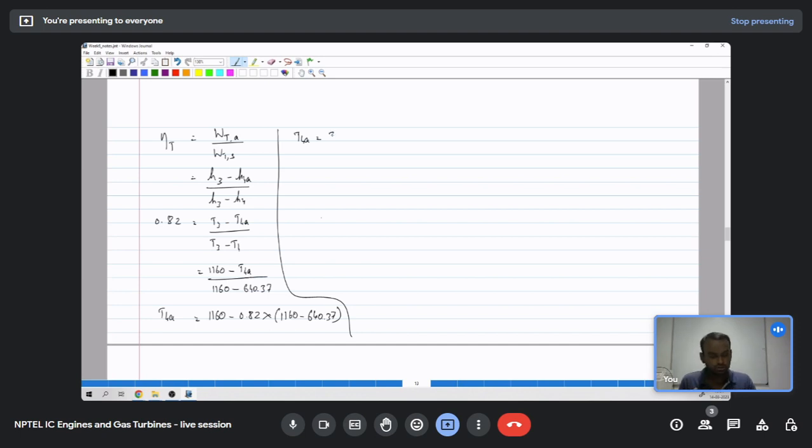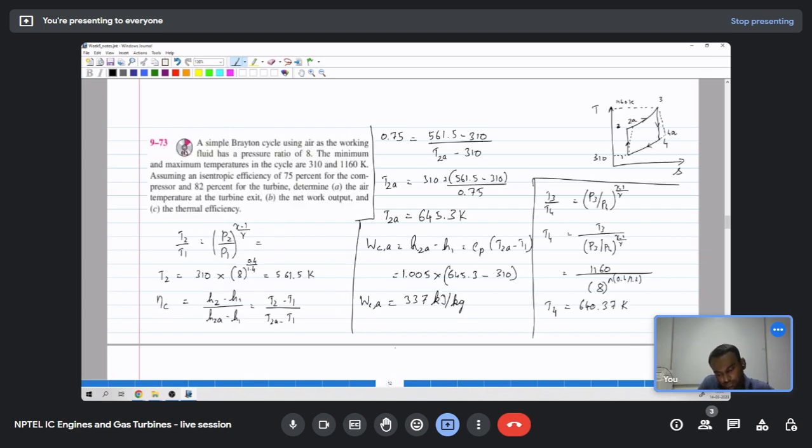So this is 733.9 Kelvin. So the turbine outlet temperature is calculated.